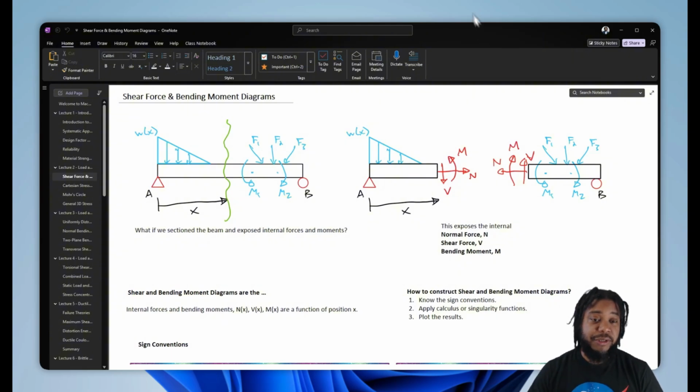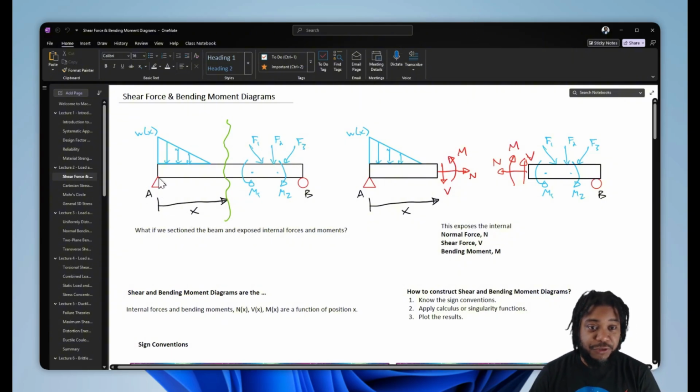So let's start. Let's imagine that we have ourselves a beam. It's supported at A and B, and we have a series of forces and moments and distributed loads that are applied to that beam.